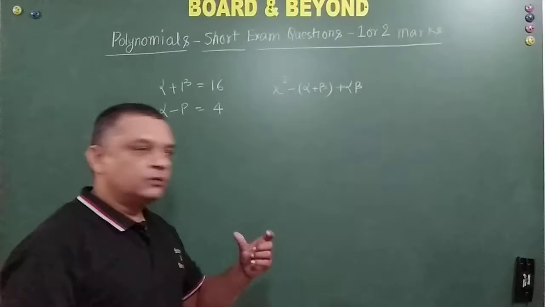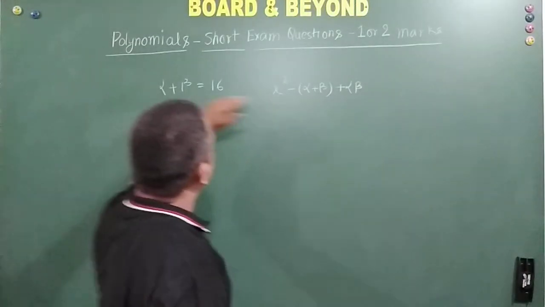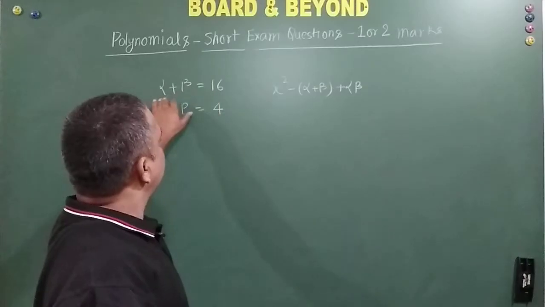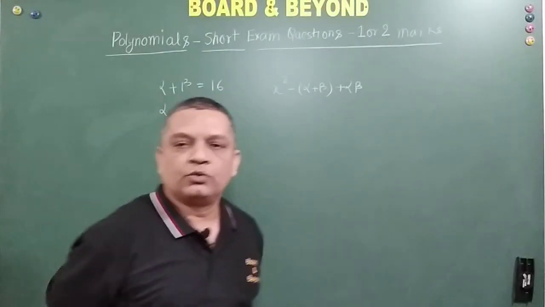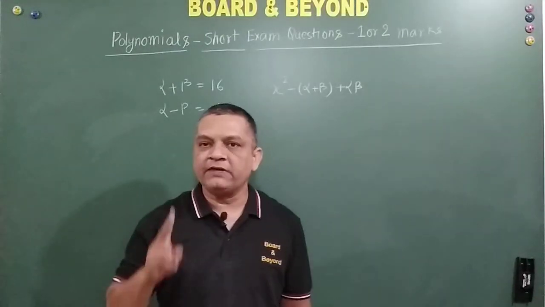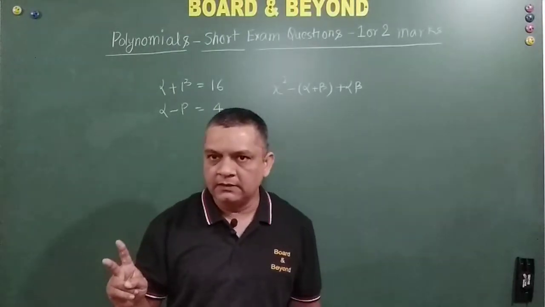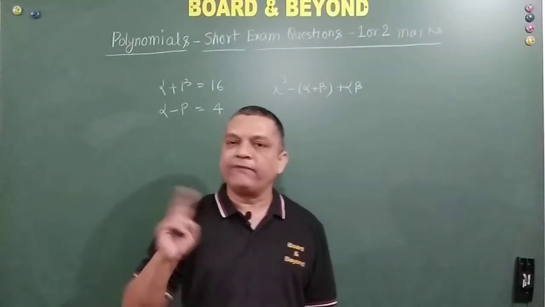Now we all know that alpha plus beta is given to us, but alpha into beta is not known to us. So there are two ways of approaching this. Either we find alpha and beta separately, then we can find the roots, or we find alpha into beta.